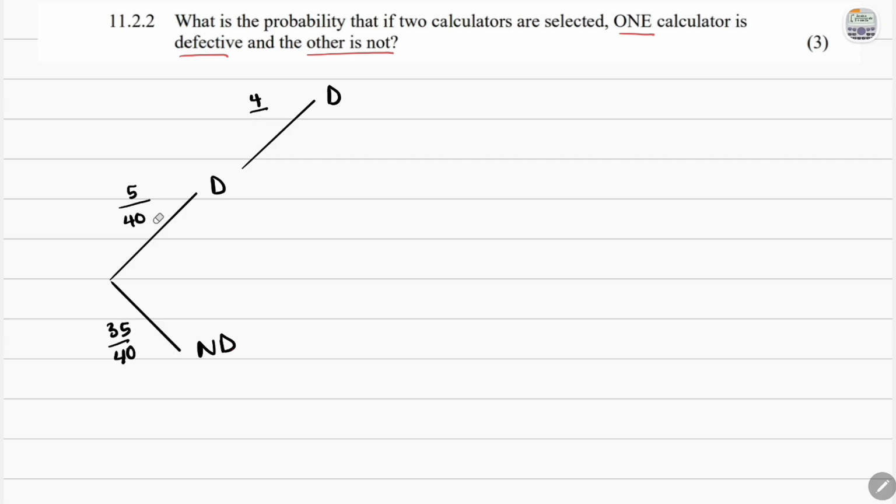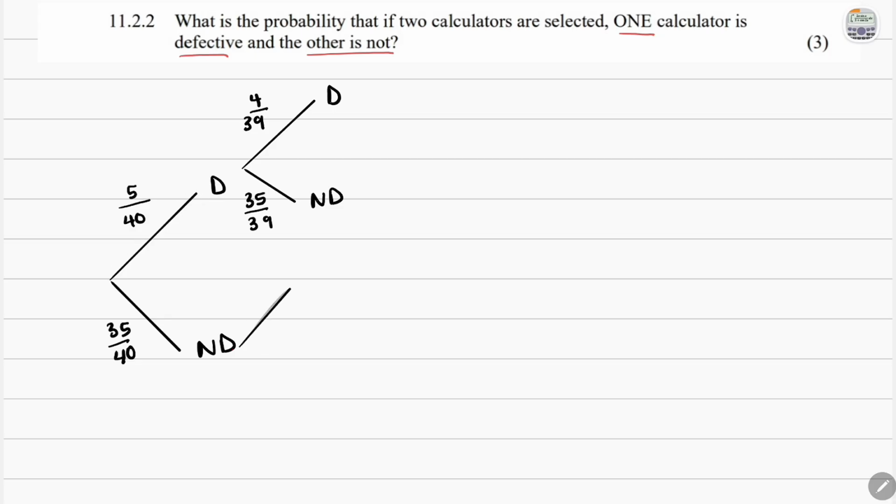Well, one calculator was picked out and it wasn't put back, so over 39. And then the probability that we will pick out a calculator that is not defective. Remember, we're saying if a defective was picked out first, so the ones that were not defective have not been picked out. So there's still 35 of them out of a total of 39 calculators because a defective was picked out.